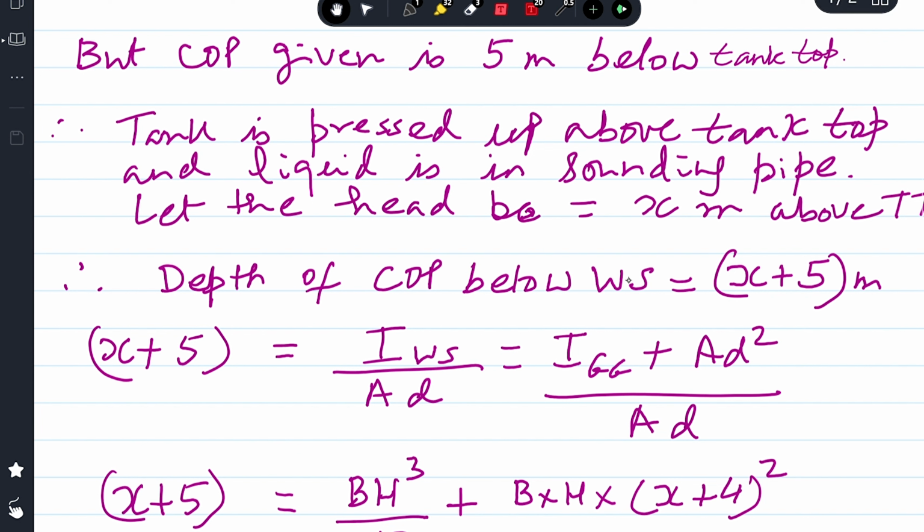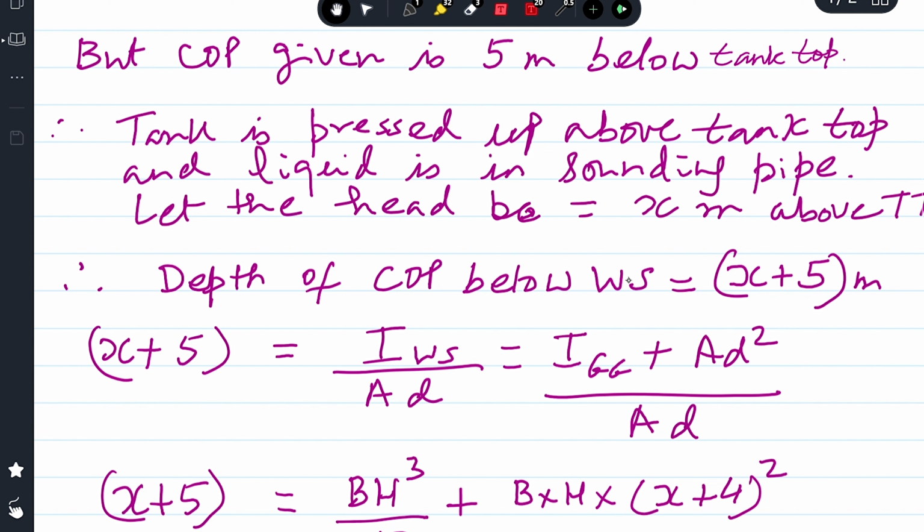So what is the depth of center of pressure now below the water surface? X plus 5. It is 5 meters from the tank top, because it is 3 meters from the bottom, and plus another X meter in the sounding pipe. So the depth of center of pressure below the water surface, which is in the sounding pipe above the tank top, will be X plus 5.